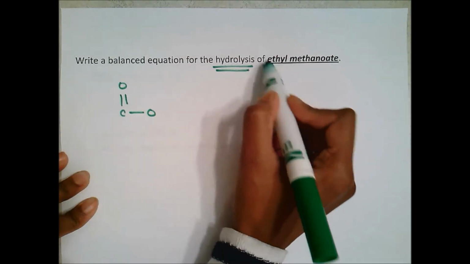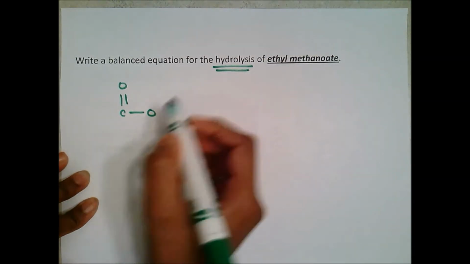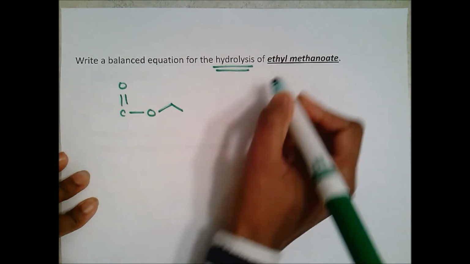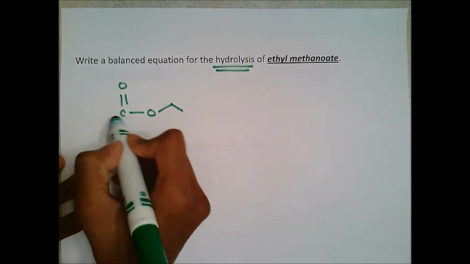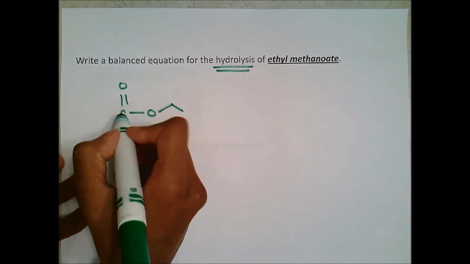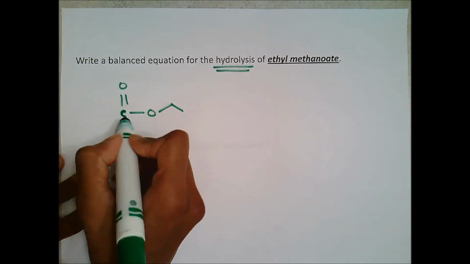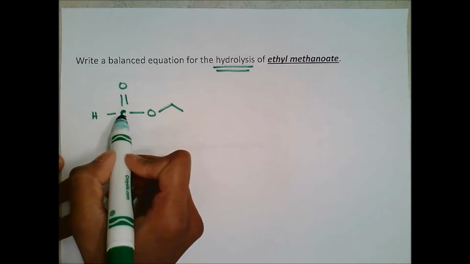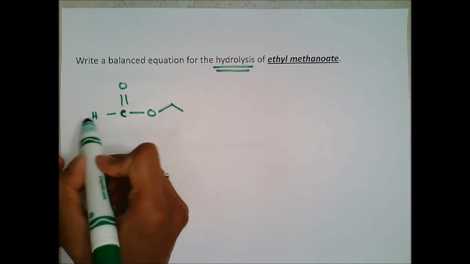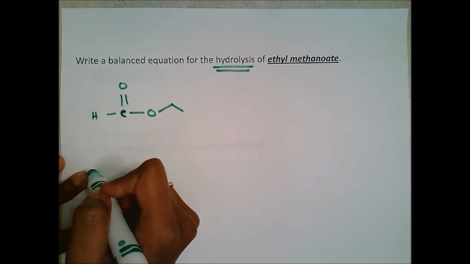The ethyl group is off of the oxygen, so I'm going to go 1, 2 for an ethyl. And methanoate means that my carboxylic acid end, this side, has 1 carbon. So I only need this 1 carbon. This carbon then needs to have a hydrogen, because if it's only 1 carbon, it has 4 bonds. So that last one should be the hydrogen.